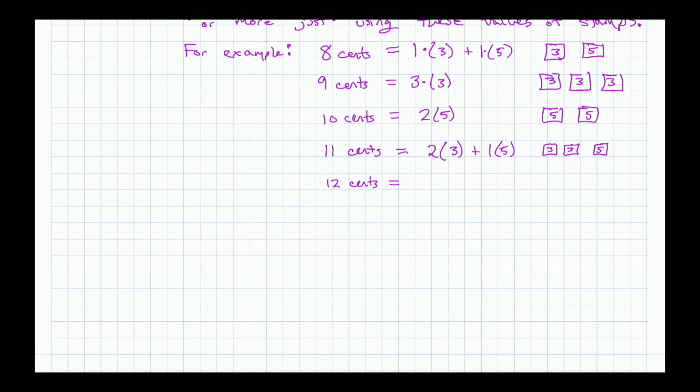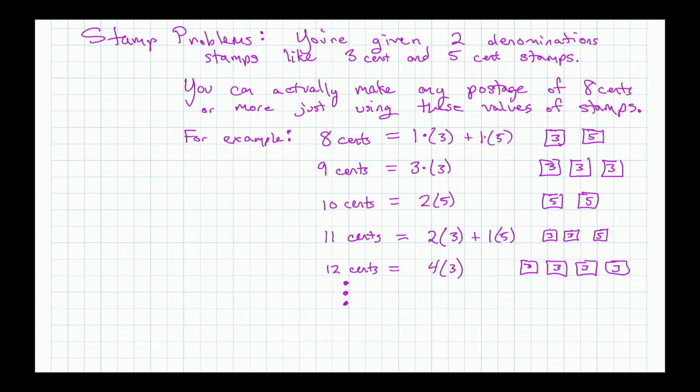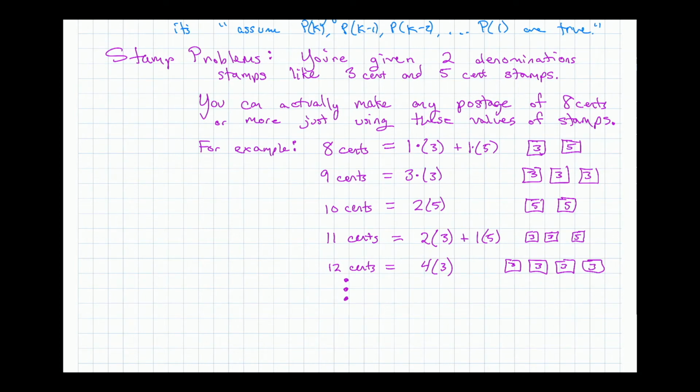So how would you do 12 cents? Well, that would just be 4 3-cent stamps. So 3, 3, 3, 3. Okay. And then this goes on forever, right? And so in order to do this, you need strong induction. In order to prove that that goes on forever, you need strong induction.